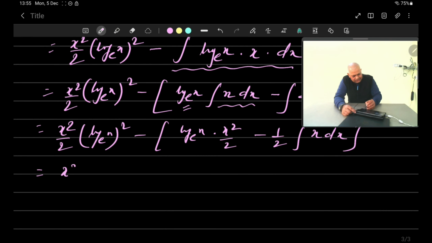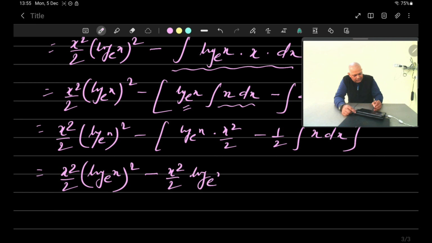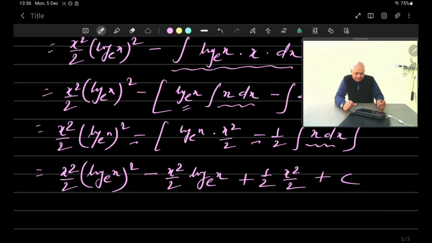Now you can write x squared by 2 and (log x) whole squared minus x squared by 2 and log x, and this minus will become positive, so this is half, or integration of x dx is x squared by 2, and plus there is a constant of integration.